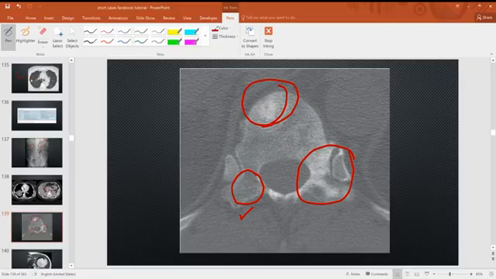What is the source of the sclerotic metastasis you expect from this patient? From where does the metastasis come? Which tumors give sclerotic metastasis?